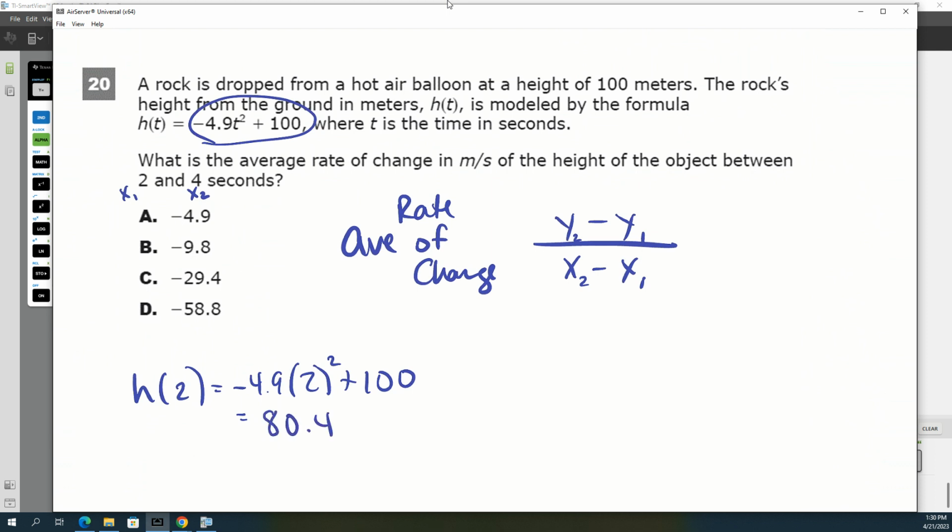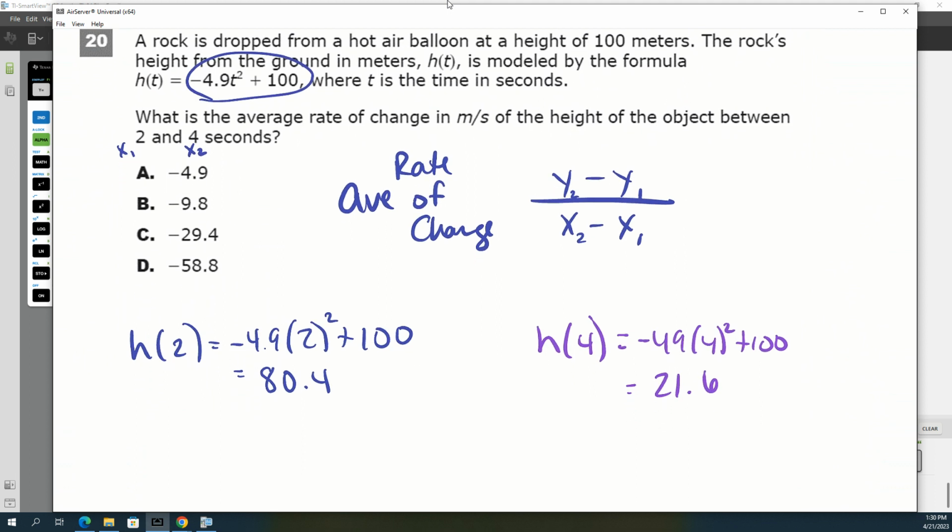So that means at 2 seconds, the rock is 80.4 meters above the ground. And then we need to figure out h of 4. Those are our special x's for this problem. Then at 4 seconds, the rock is 21.6 meters above the ground.